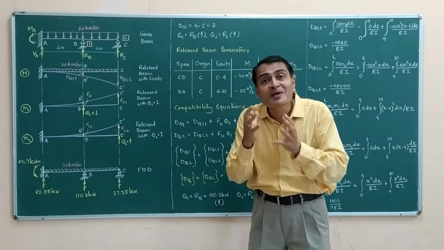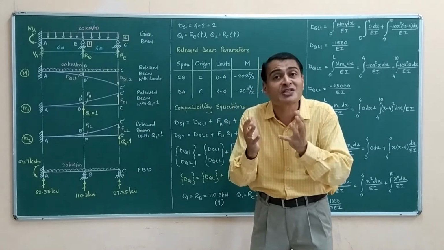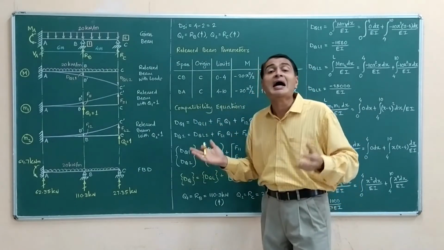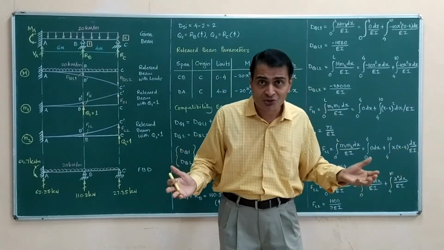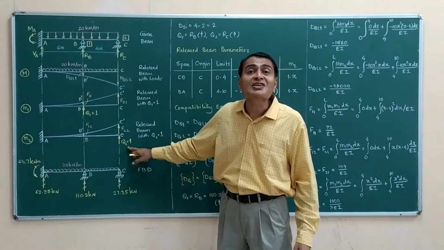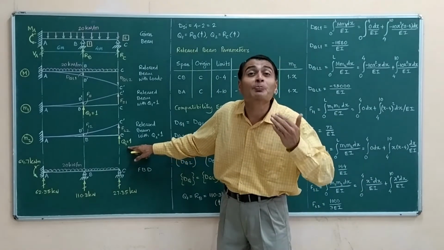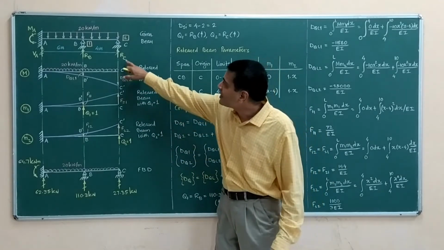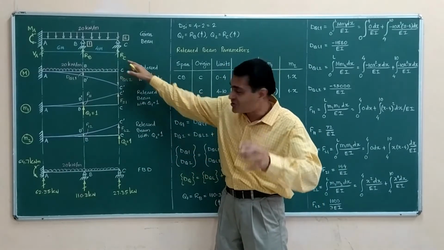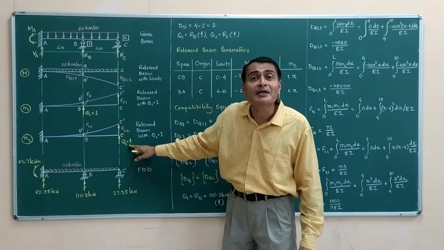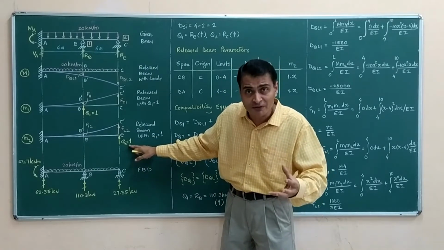Using those displacements I write the compatibility equation, the superposition equation, and I get all my answers. So in the third and last part of my process of splitting, so that finally I can go for superposition, instead of applying total RC, I am applying unit value of RC. I am writing here Q2 is equal to 1.